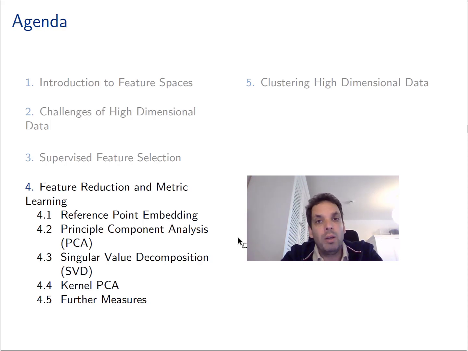This week we go a little bit a different way: feature reduction and metric learning. In that case, now we want to derive typically new features. So also with the overall aim, of course, to reduce dimensionality, but especially now we don't keep the original features typically, but we derive new features, and hopefully these new features describe the data set a little bit better, and we need less of them, obviously.